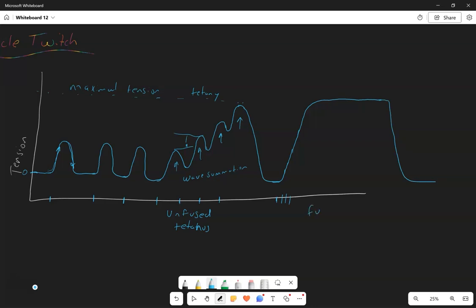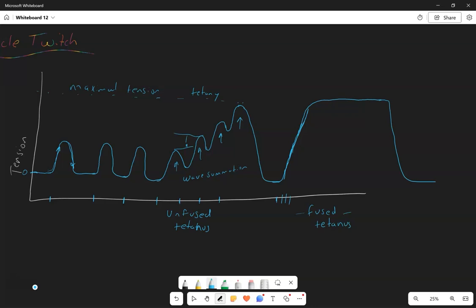This is what we refer to as fused tetanus. Unfused tetanus is where you get separation between the individual waves, while fused tetanus is where you have zero separation in your waves, and it's one linear movement towards maximal tension.